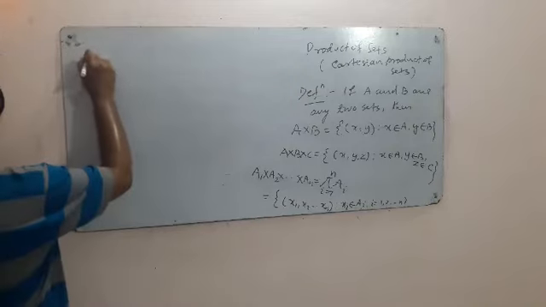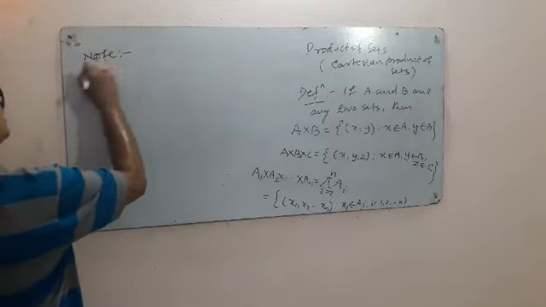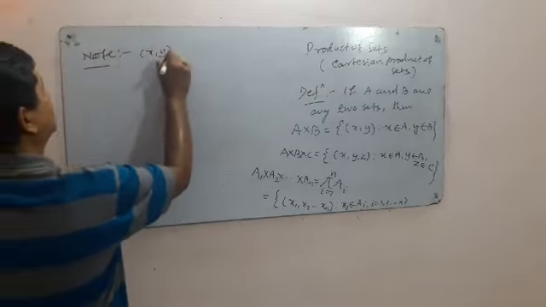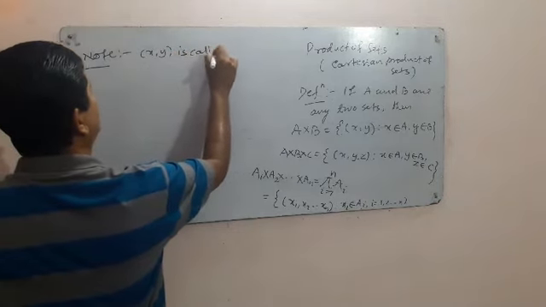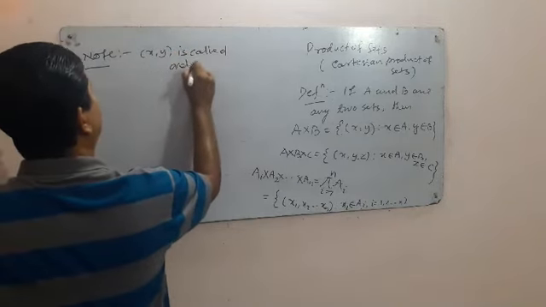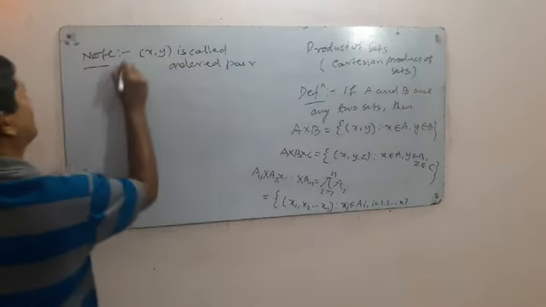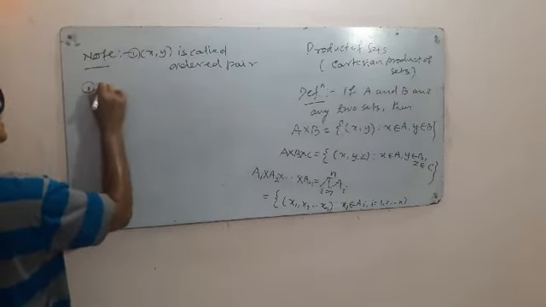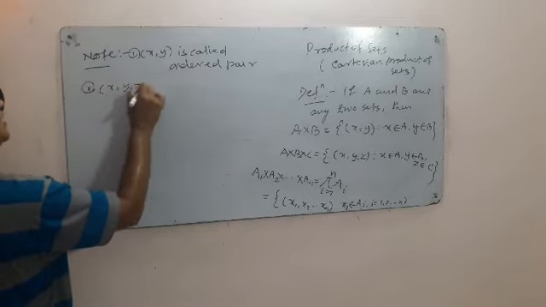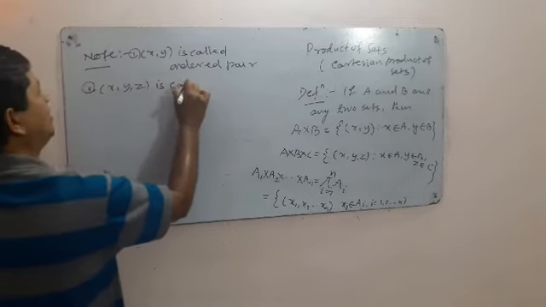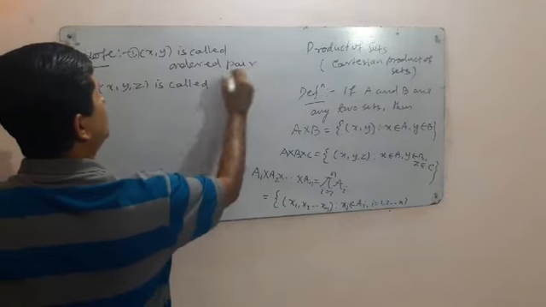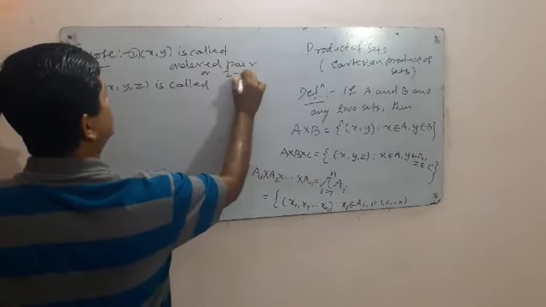Write in the note: first bit, (x, y) is called an ordered pair or two tuples.